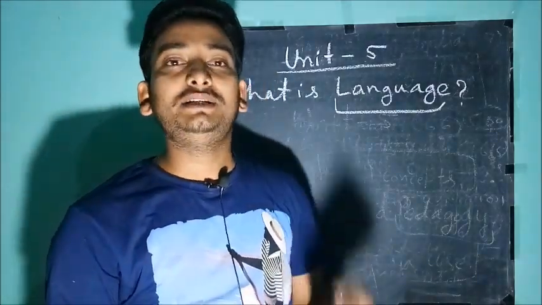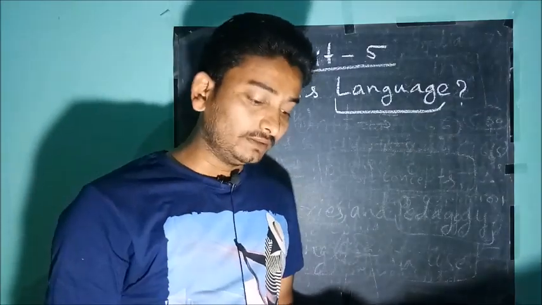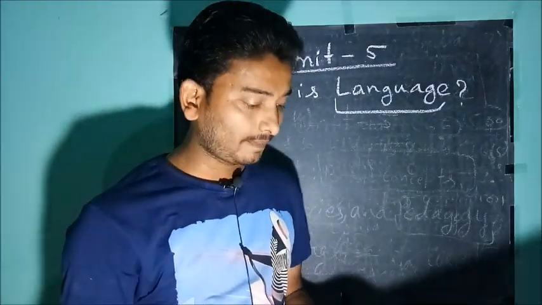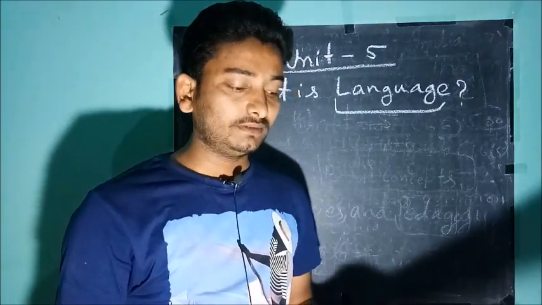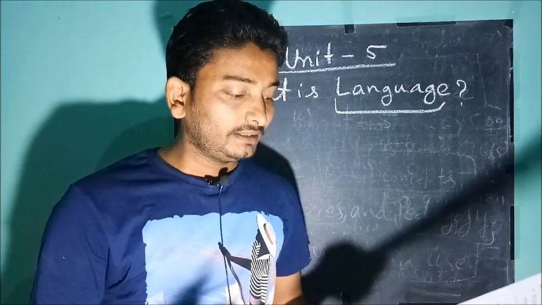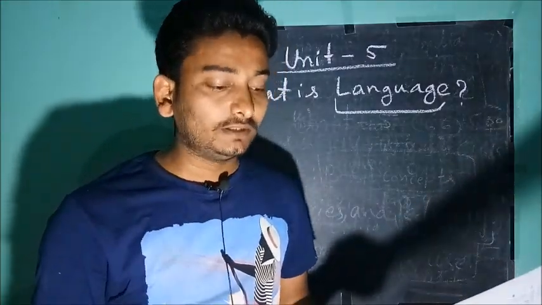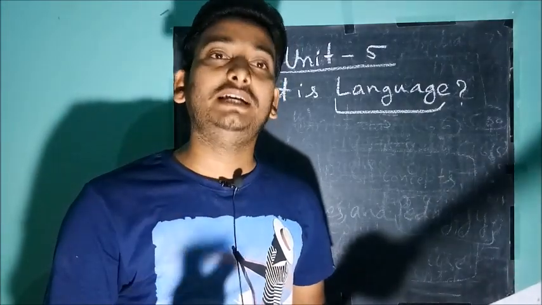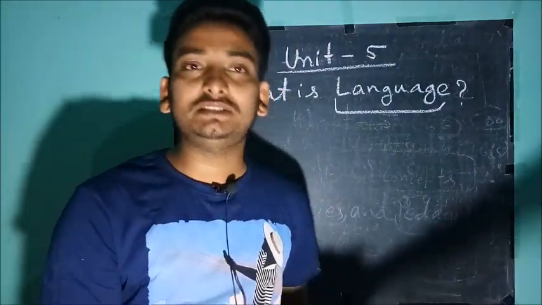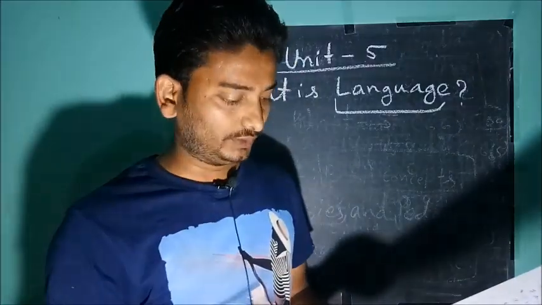First of all, I am reading the definition of Noam Chomsky, given in 1957. A language is a set, finite or infinite, of sentences, each finite in length and constructed out of a finite set of elements. This definition is by Noam Chomsky, famous linguist of the 20th century.